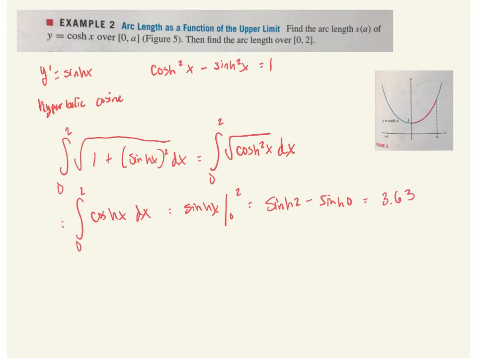But again, we could have taken this original Math 9 approach and had the exact same answer. Okay? And it's standing for this distance along the curve when a is 2.